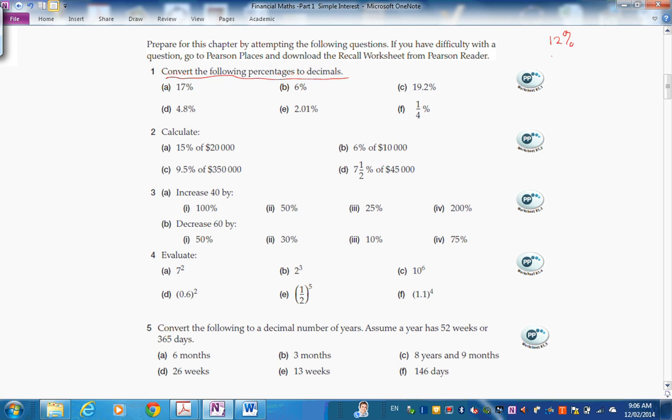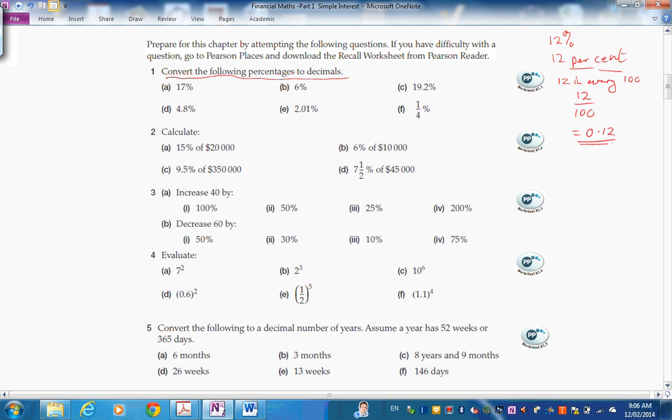What does that mean? This is from the Latin, per hundred, percentum. So that means 12 in every 100, or 12 hundredths mathematically, or doing it as a decimal, 0.12.